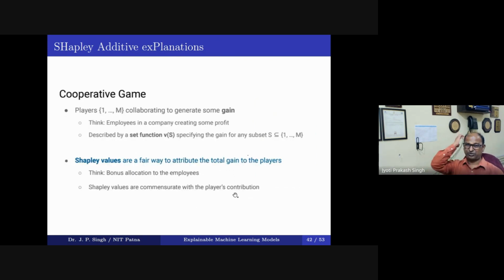Shapley value was proposed for a cooperative game, and obviously for economists. The idea was, if it's a collaborative game like cricket or football, where a number of players are playing, say there are M players playing that particular game. Think of company employees creating some profit. Say 11 players are playing cricket, and they finally win a trophy.